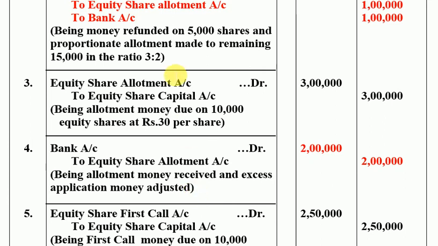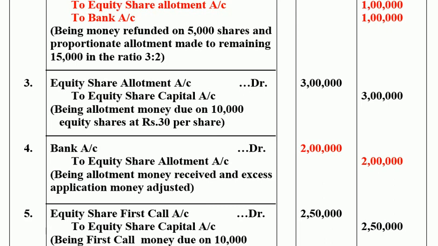This is the excess application money, equity share allotment account 1 lakh when we transferred to capital. So 3 lakh due minus 1 lakh, 3 minus 1 is equal to 2 lakh, and this is the final change in your third alternative, where there was partial refund of 5,000 shares and remaining proportionate allotment.